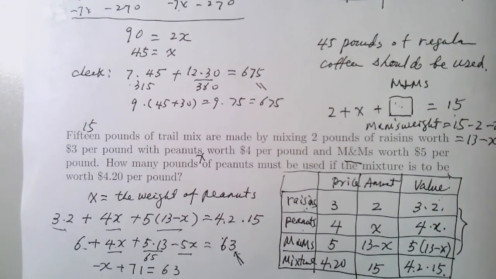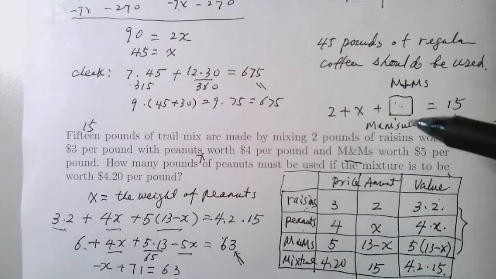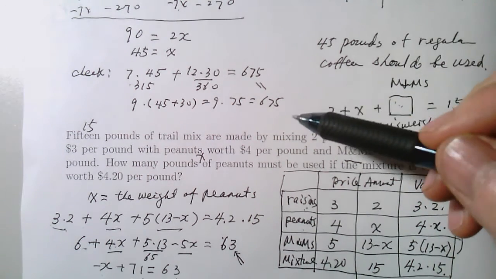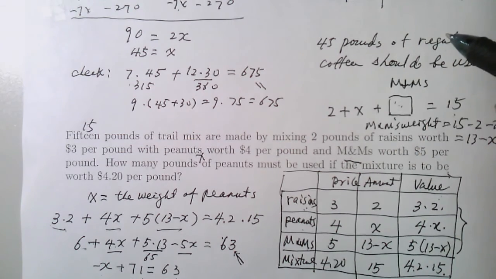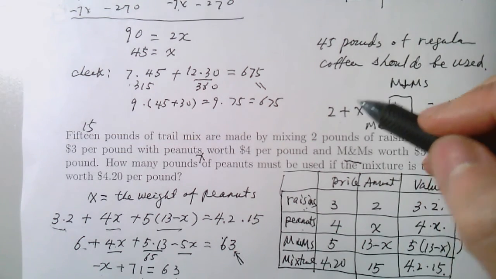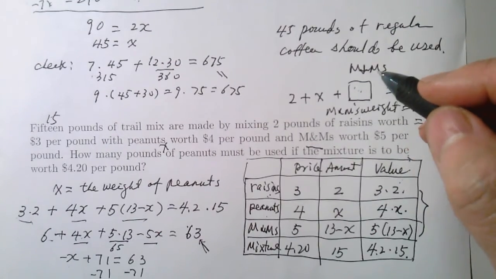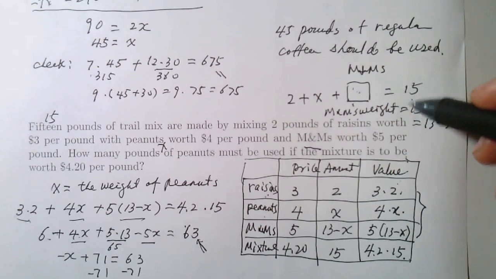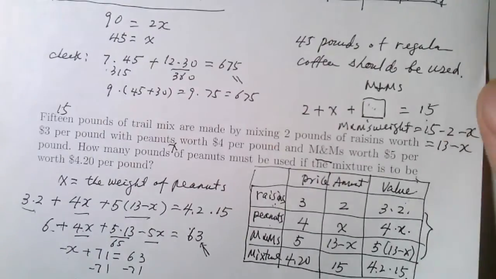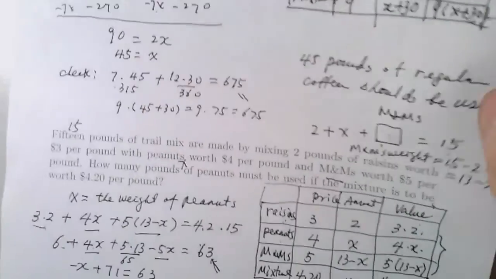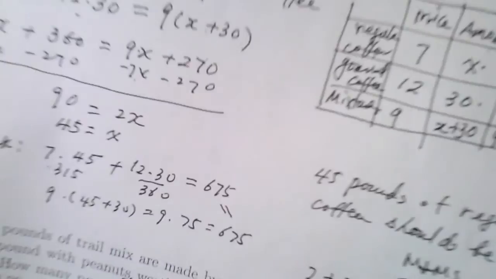So remember the main principle is the total value of the goods before mixing should equal the total value of the mixture. Okay, so that's all we're gonna use to set up an equation like this, called dry mixture problems.